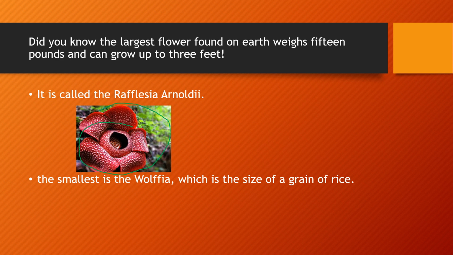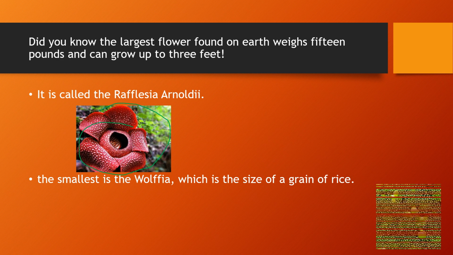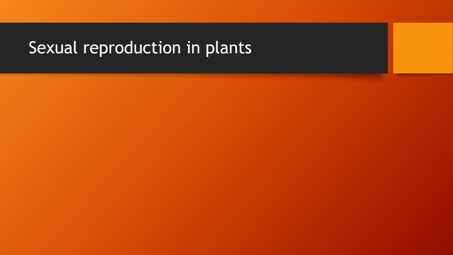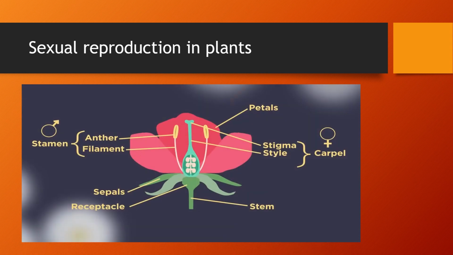The smallest is the Wolfia, which is the size of a grain of rice. Is Wolfia edible? The plant can be eaten as a vegetable, a high protein food source. It contains 40% protein.